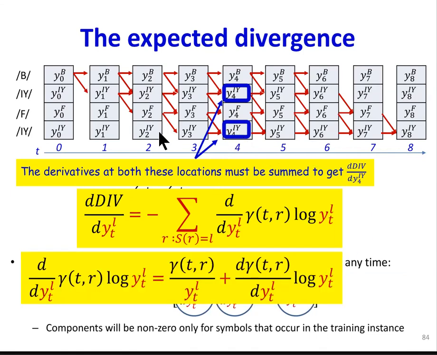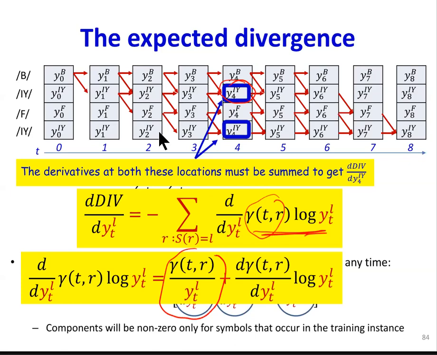So if I consider any one location, the derivative is going to be gamma divided by y, right? But you also have to consider the derivative of gamma itself, because gamma is also influenced by y, right?